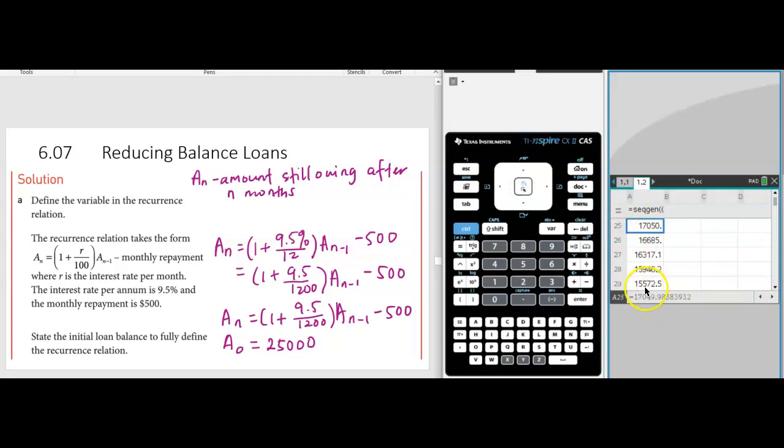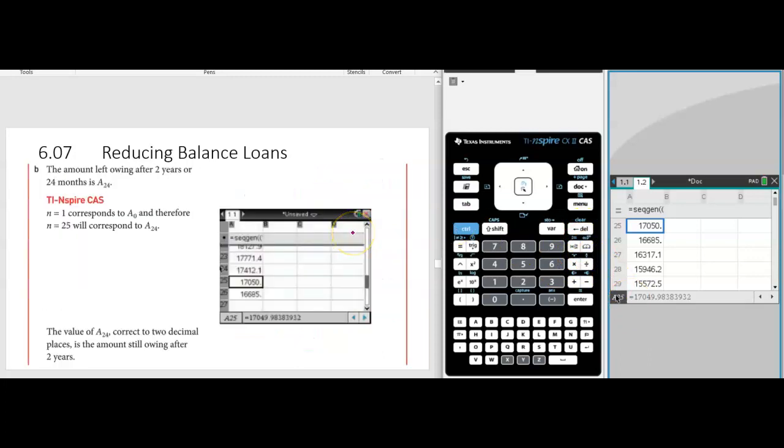And do remember to look at the value below because you need 2 decimal points. I followed my recurrence relation, which started with A_0, so I need to write 24, but I refer to row 25 in my calculator.